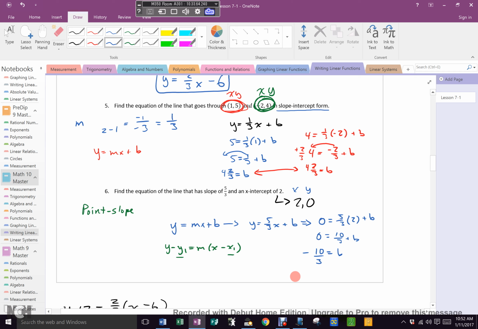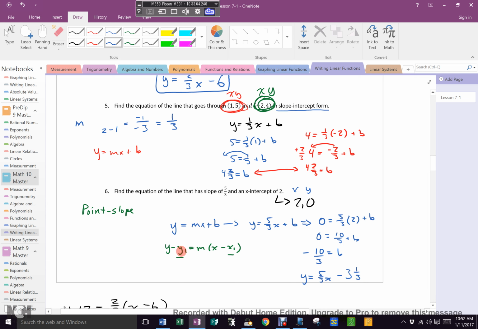So the equation is y equals 5/3 x minus 3 1/3, or 10/3, or 3.33. Is everybody good? Was everyone able to do that? Because all you needed is an x and a y, right? If you were working with here, you would do the same thing.